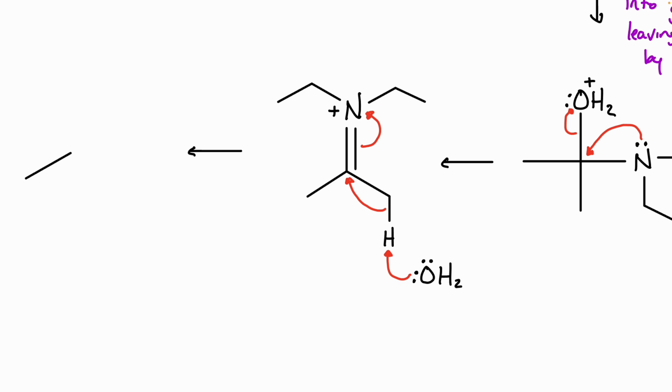All right, so what we're left with is not a carbon-nitrogen double bond, but a carbon-carbon double bond from that formerly carbonyl carbon and its neighbor. All right. This one used to be our carbonyl carbon.